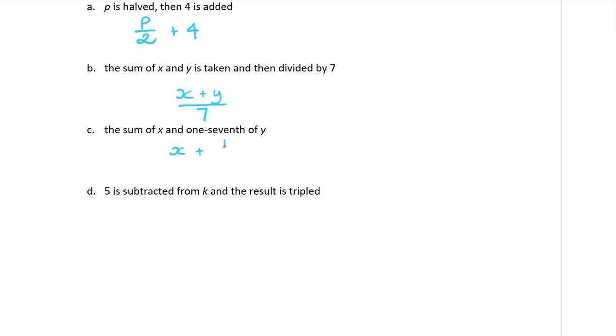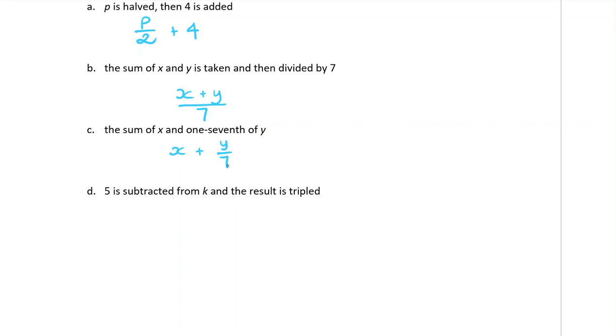If you do it exactly how it is said, you would do 1/7 of y. But that looks really weird. So I prefer not to do that. So instead, if you want 1/7 of something, it means you're dividing it by 7. So you just want to do y over 7, and that's much nicer and much more simplified.